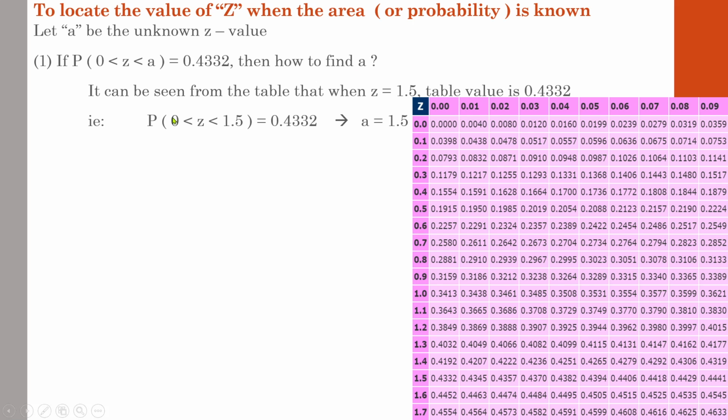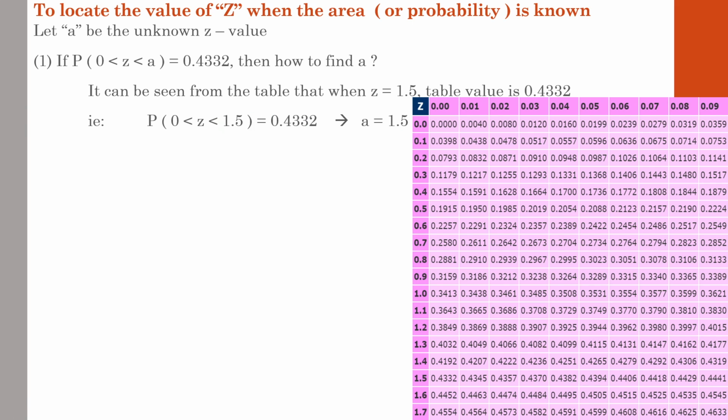So we got that P equals 0.z, and here it was given. We don't know what the value of z is, so let it be 1.5. Now we found that it is 1.5. So if you want to get a value 0.4332, the Z table value should have been 1.5. So our answer is 1.5.